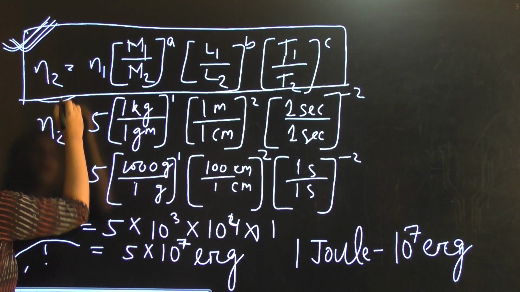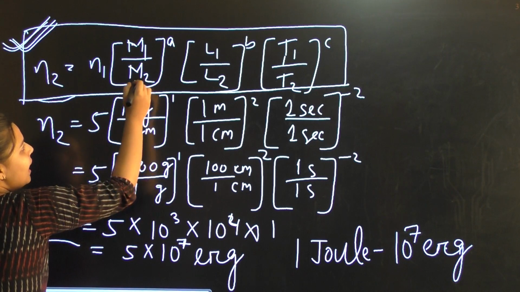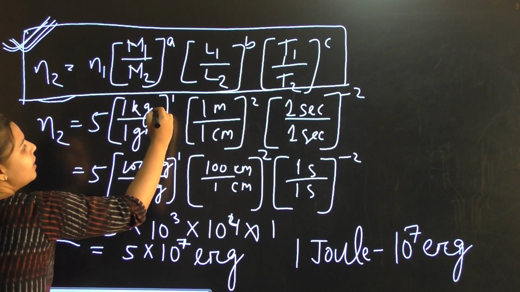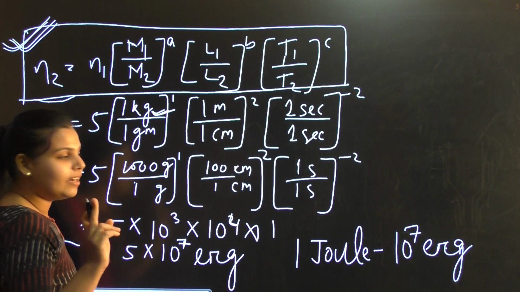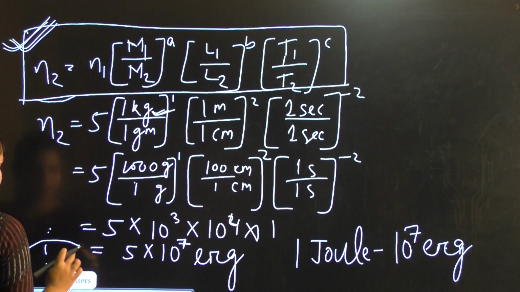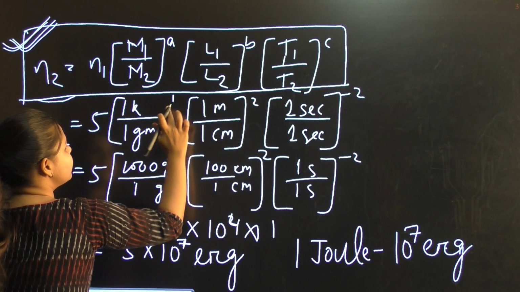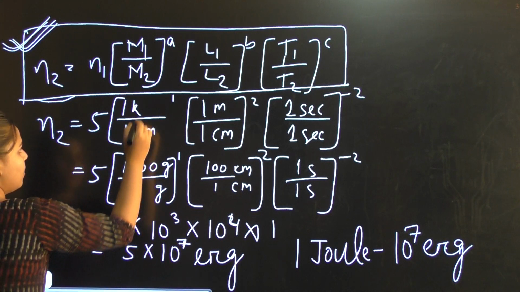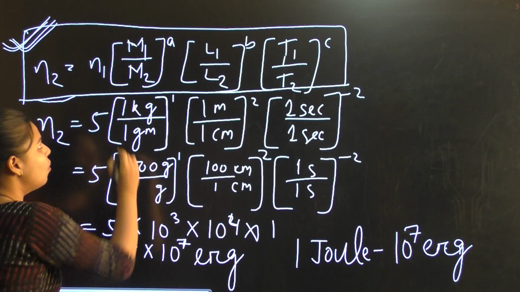So the N1 value is 5, M1 is 1 kg, M2 is 1 gram. Remember to write the unit of that quantity, because the unit is different in different systems.